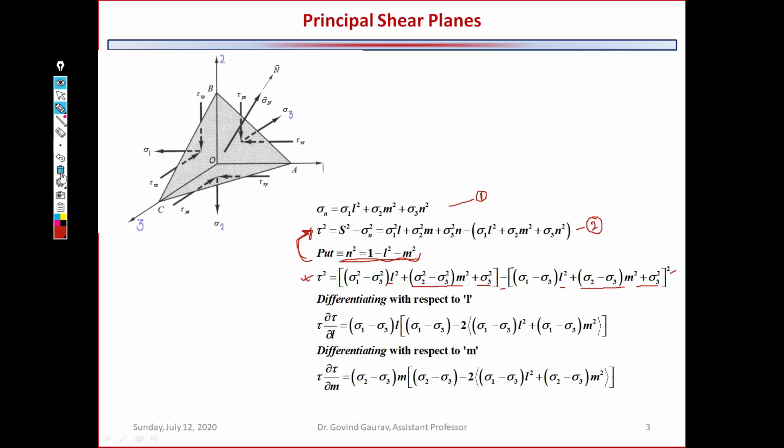So we have got a relationship between the various normal stresses, the principal stresses acting on this object, and the shearing stresses.